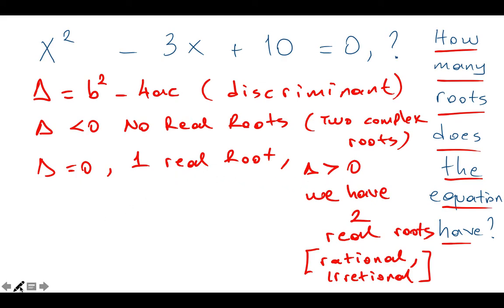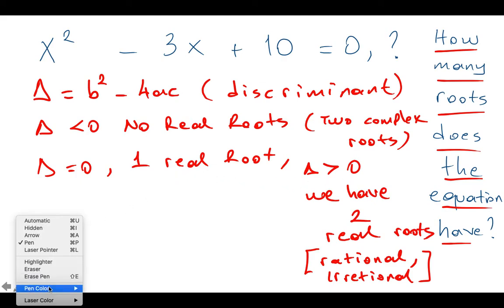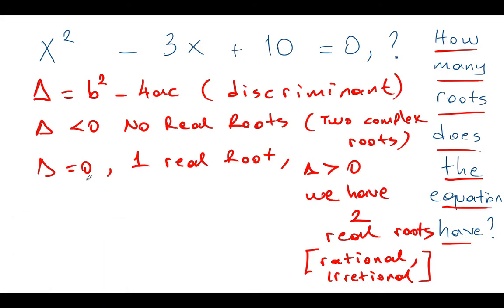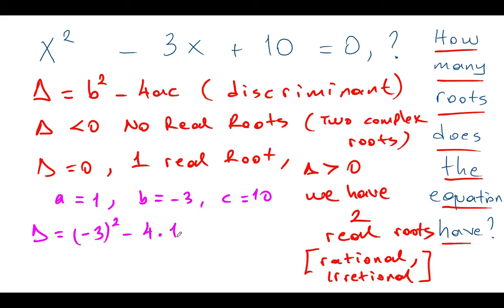So to solve our question, I can say that easily, a is equal to the coefficient of x squared, which is 1. b is equal to the coefficient of x, which is -3. And c is 10. So delta will be b squared minus 4 times a times c, which will be -3 squared is 9, and 4 times 10, 40.